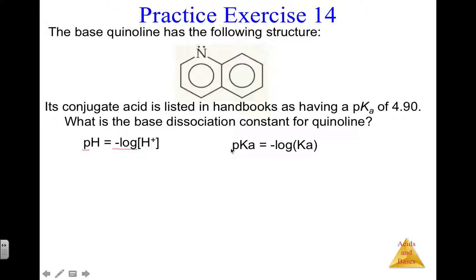Well, a pKa is just going to be the negative log of the Ka. So with this information and the equation we had on the previous page, Ka times Kb equals Kw, you should be able to solve this problem. So go ahead, hit pause, solve this problem, put the numbers into your calculator, hit play again, and we'll go over it in a minute.